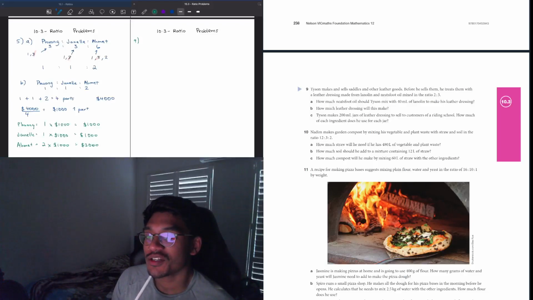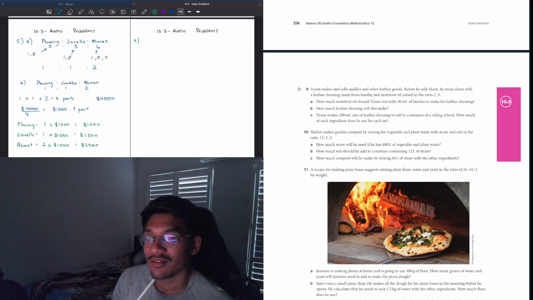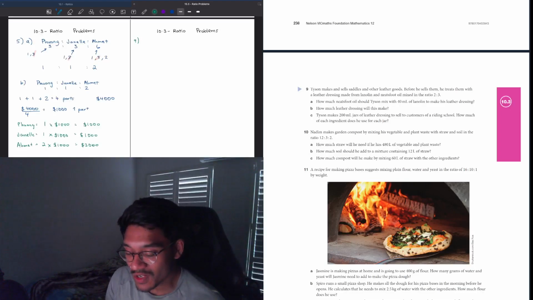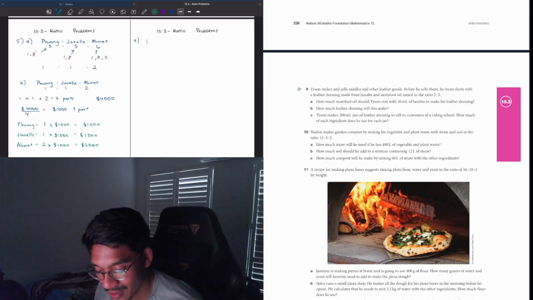Question A says, how much neat's foot oil should Tyson mix with 40 milliliters of lanolin to make his leather dressing? So, I know that there's this lanolin, which is in a ratio to neat's foot oil.